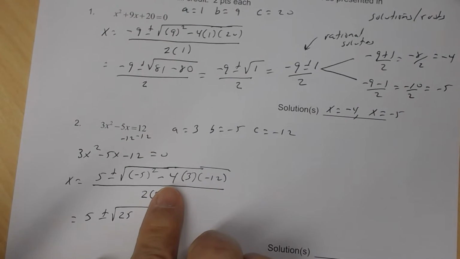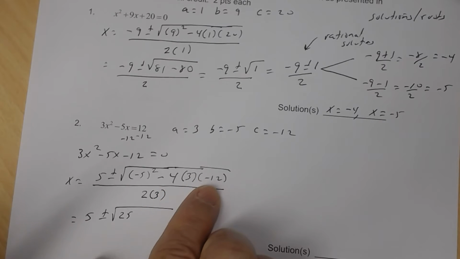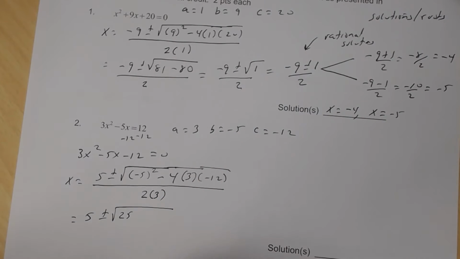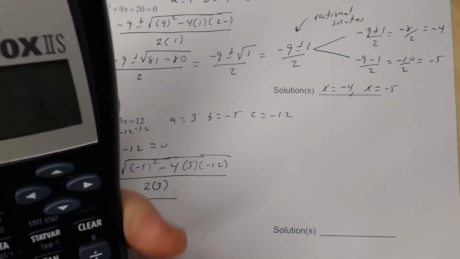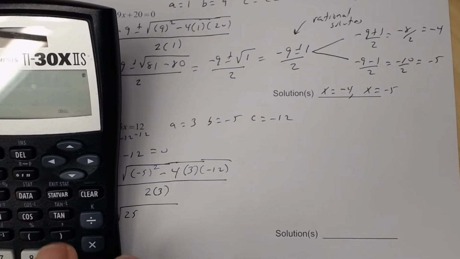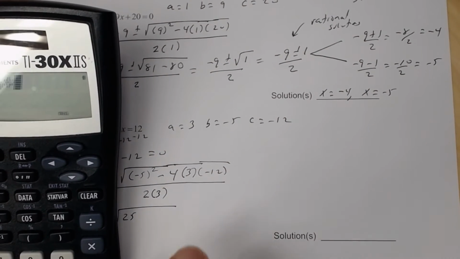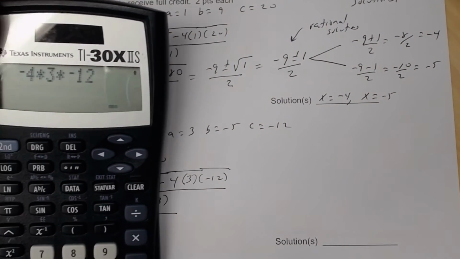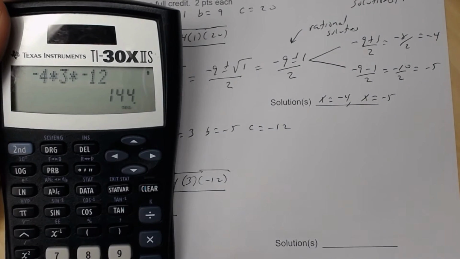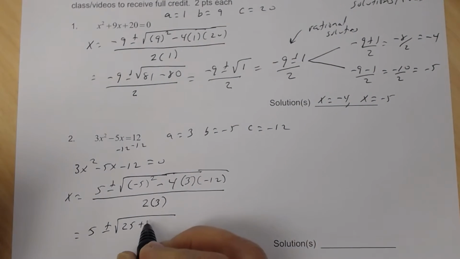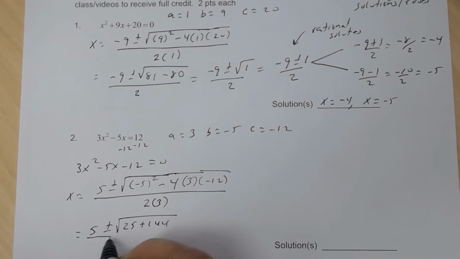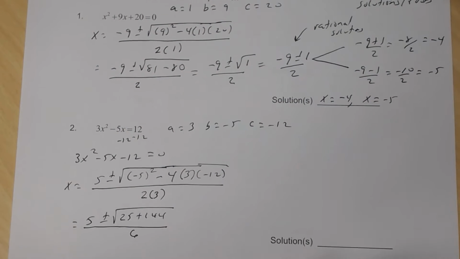But if you look at it, negative 4 times 3 is negative 12. Negative 12 times negative 12 is positive 144. But all you have to do is just say negative 4 times 3 times negative 12 equals, and you get 144. So that's plus 144, all over 6. 2 times 3 is 6.